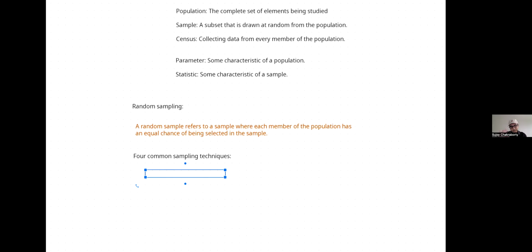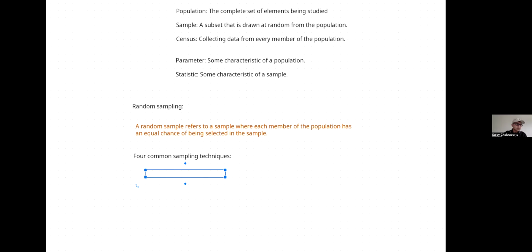You just choose a few people from your friend circle, the people you interact with more, who are easily accessible to you, and you collect the data from them. Based on that you do some analysis and then draw some conclusion. So that's basically what we mean by convenience sampling.